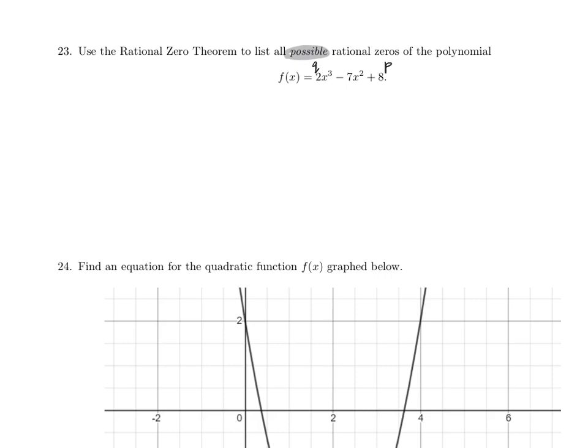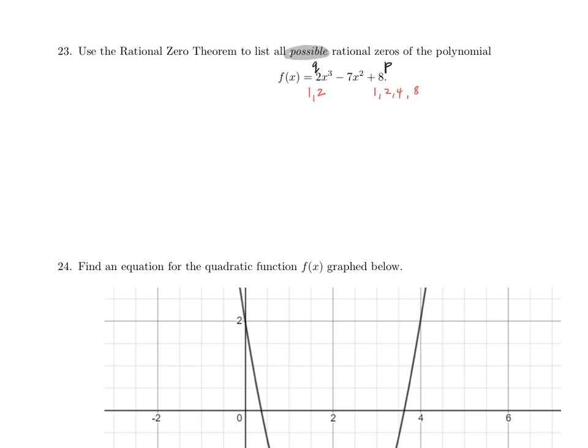So the factors of 2 are 1 and 2. That's what multiplies to get 2. The factors of 8 are 1 and 8 and 2 and 4. That is what multiplies to get 8. And so now all you do is make all of the possible fractions of p over q.